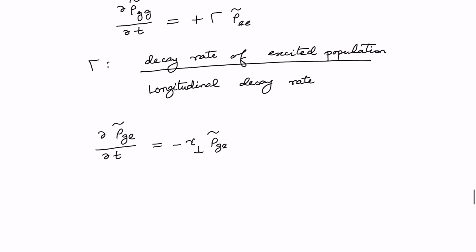It is also sometimes known as small gamma perpendicular, which is just referred to as the transverse decay rate. That's why this transverse or perpendicular sign is there. It's called the transverse decay rate, or you can also say the decay rate of coherences.